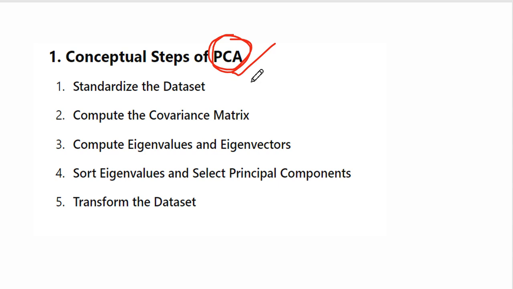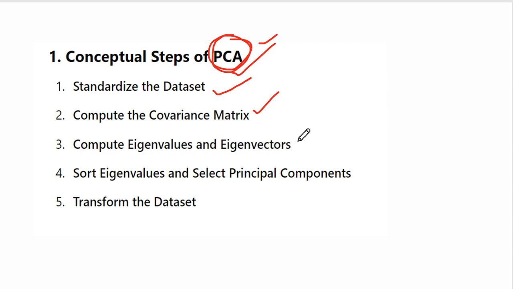Let us first try to understand PCA in a mathematical approach, and then the implementation part. First, how PCA works: for the given data set, the first step is to standardize the data set. Then we compute the covariance matrix.